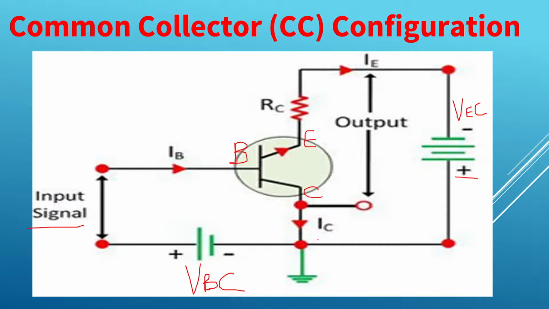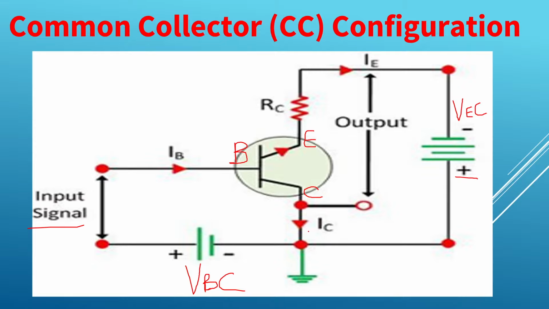Okay, and if I am using common collector configurations, then I can make sure that there will be minimum signal loss, and signal distortion will also be minimum. Okay, so that's the advantage of this common collector configuration.